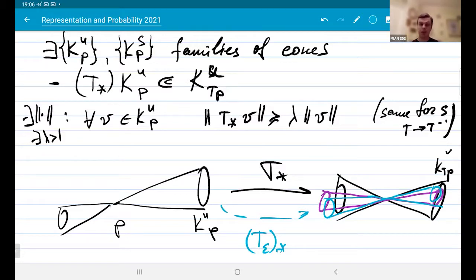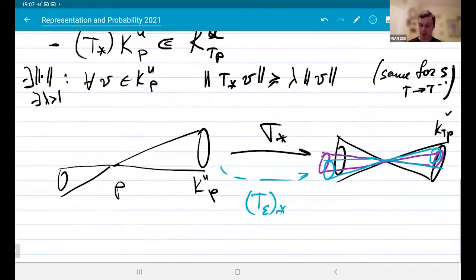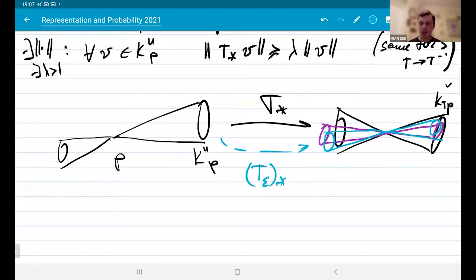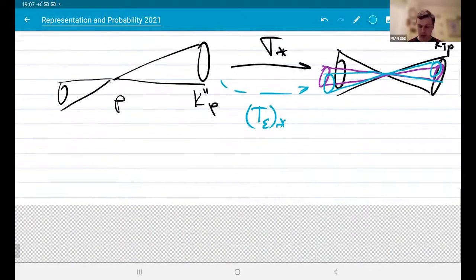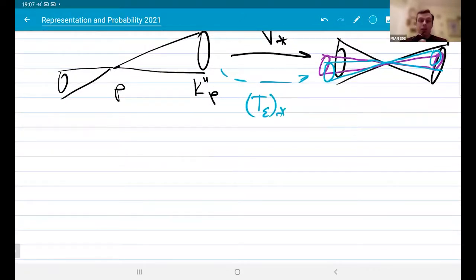And if there was some stretching, then it's still some stretching, but maybe with a bit smaller constant, because the difference is quite small. So this is the idea, and I don't want to dwell too deep into details. So what I want to say is the following theorem.